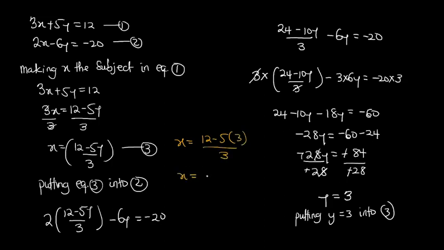So my x will be equal to 12 minus 5 multiplied by 3, which is 15, on 3, and 12 minus 15 is negative 3 on 3, and x will be equal to negative 1. So it means that the value of my y is 3, the value of my x is negative 1.